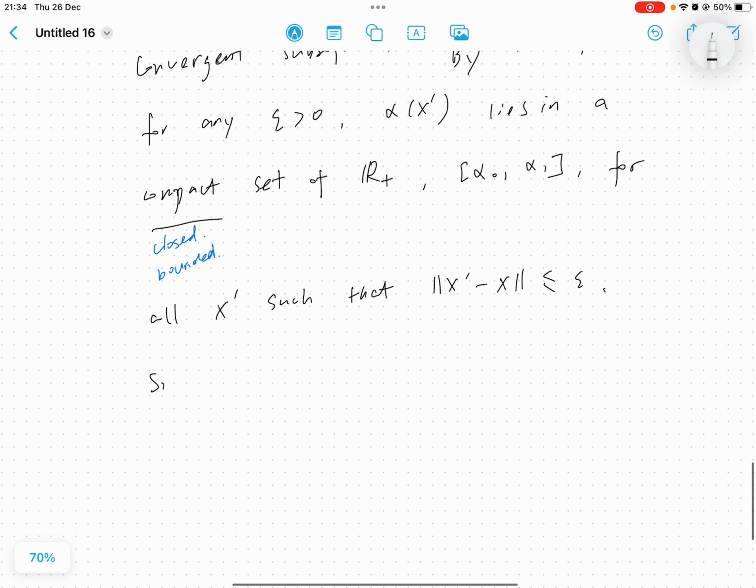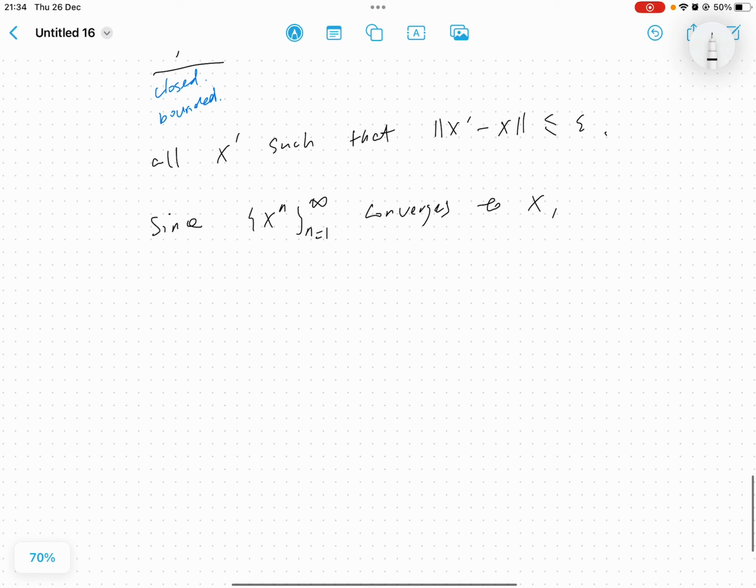And since xn, the sequence, converges to x, okay, so this is the starting point, right?